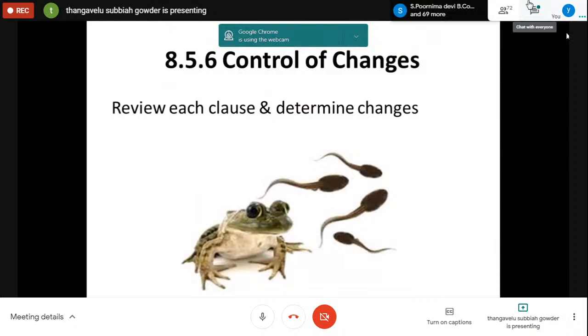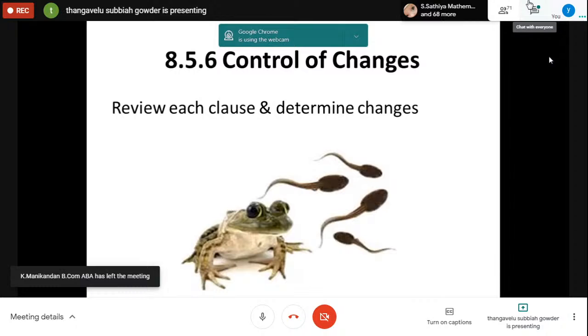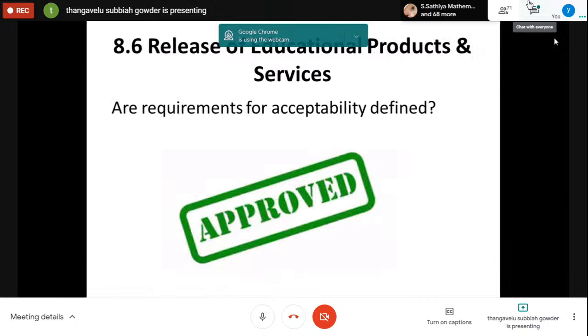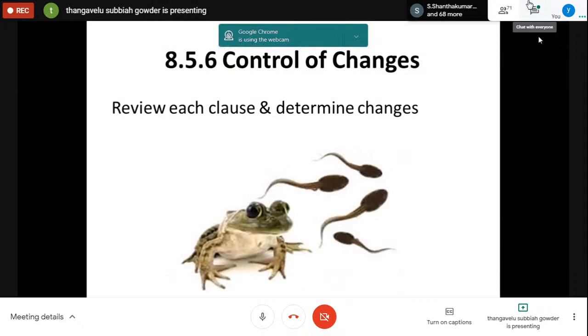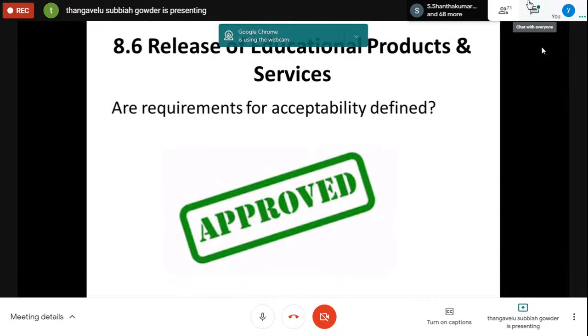So these are the control of changes. Suppose in between you are changing, how are you maintaining the records, from which date onwards you have changed? Okay, those records we have to ensure. This is actually when he is passing out, or it can be semester-wise, academic year-wise, or the final passing out.